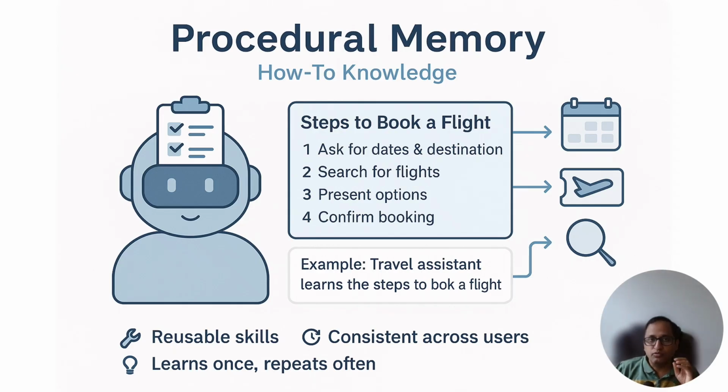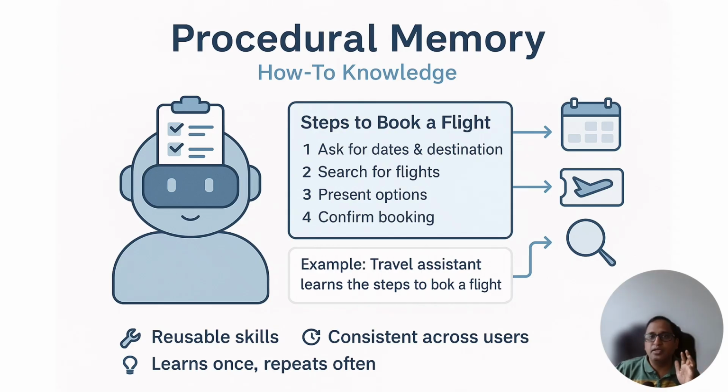What is important is that the agent can learn once and repeat this again and again without redoing the sequence of things. So in short, procedural memory is what enables an AI system to reliably carry out very structured tasks like booking a flight, doing some research, or closing a ticket.